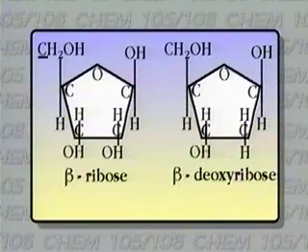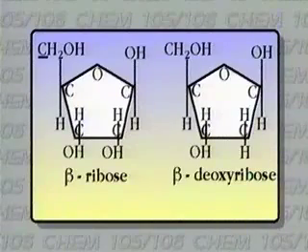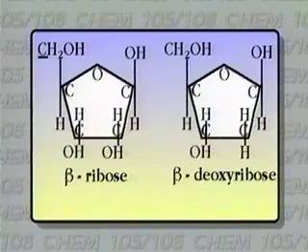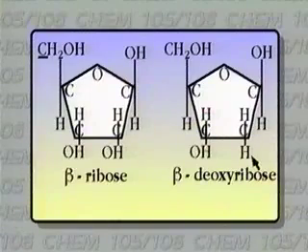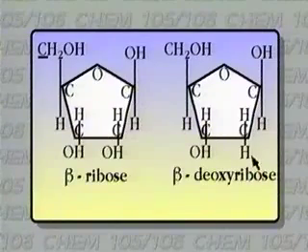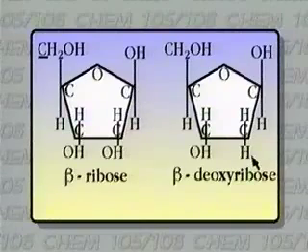Ribose, and this is called deoxyribose. The name deoxyribose comes from the fact that if you look right here, you notice that there's one less oxygen on this molecule than there is on this molecule. There's one less alcohol group, essentially, in the 2 position.